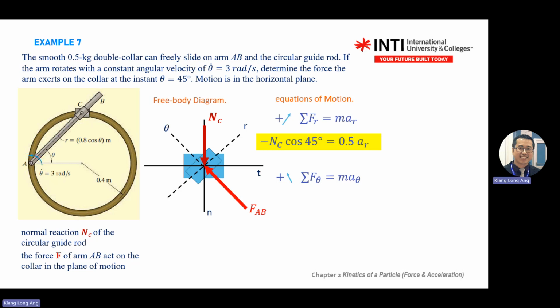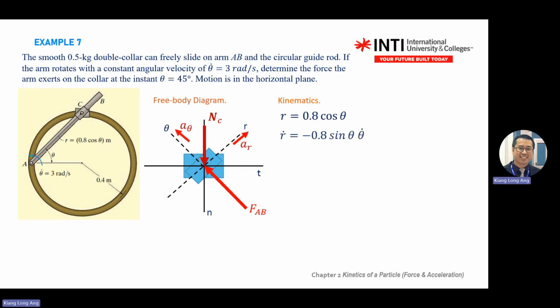And m is given as 0.5 times ar. Theta is also the same. Theta is this direction, so F_AB is positive, and N_C, when you split it this way, goes against theta, so negative. So we have two equations. You solve the equations.